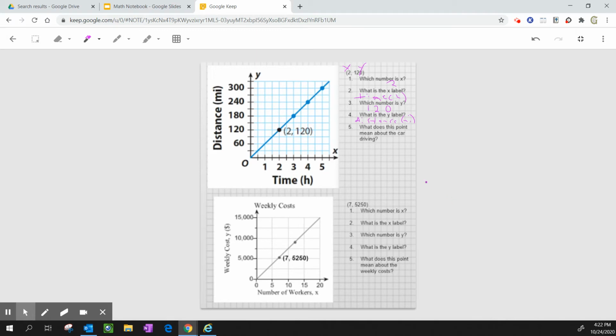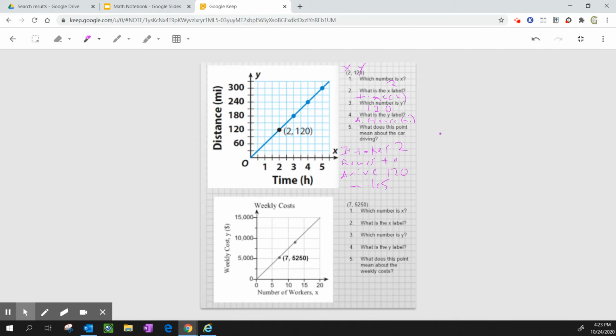Looking at this, I know 2 is talking about hours, so I could say it takes 2 hours to drive 120 miles. 2 hours to drive 120 miles. So I'm putting the labels with the numbers and then putting them together.